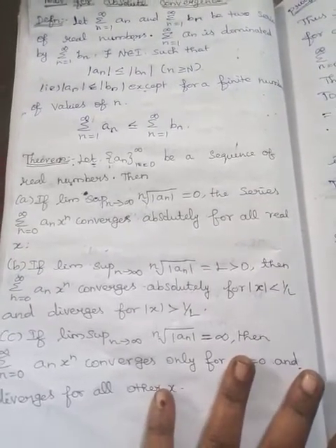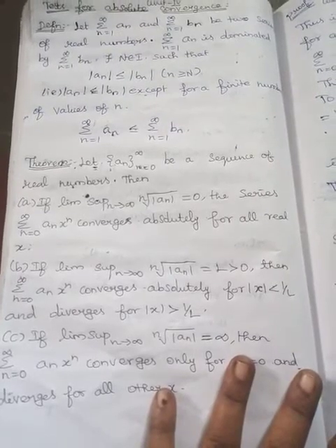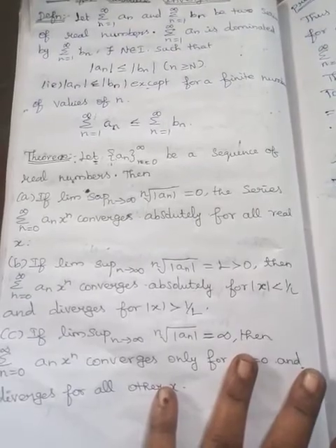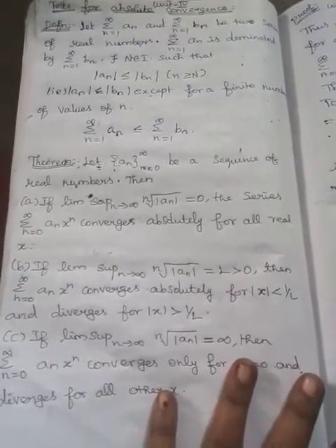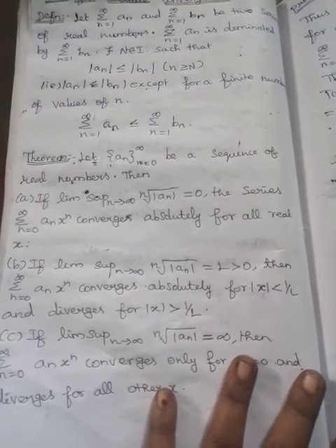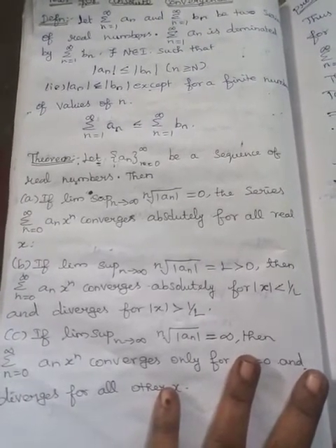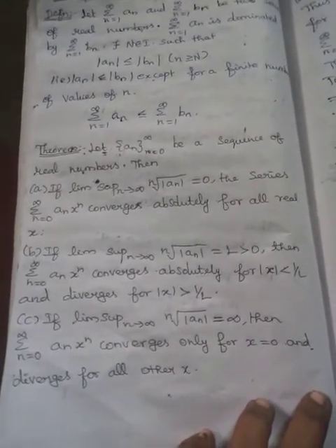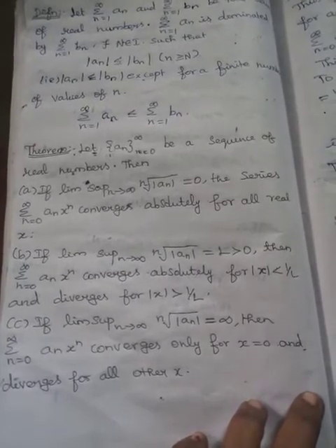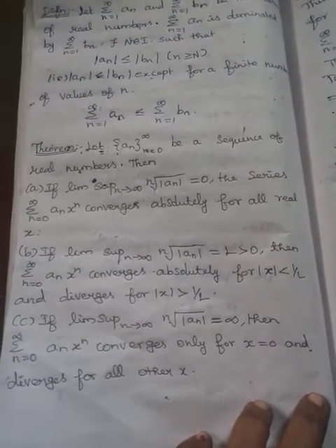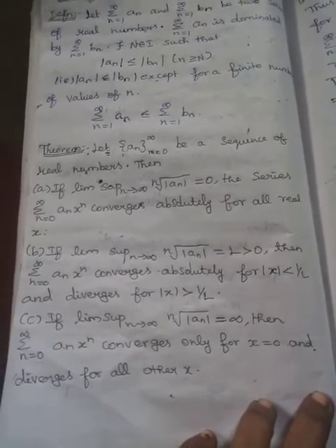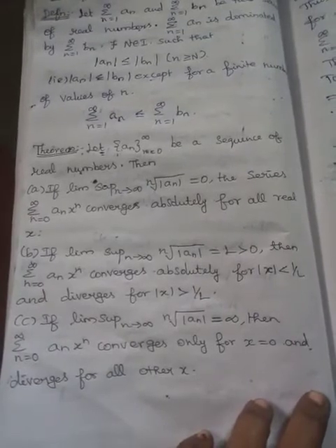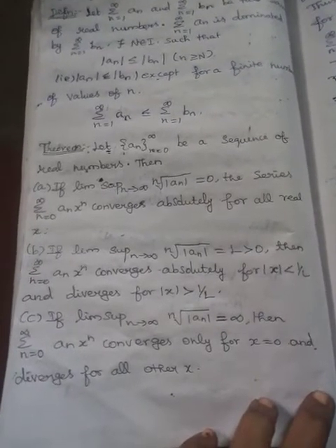Subdivision B: if limit supremum as n tends to infinity of nth root of modulus of an equals L, which is greater than 0, then summation n varies from 0 to infinity an x power n converges absolutely for modulus of x less than 1 by L and diverges for modulus of x greater than 1 by L. Subdivision C: if limit supremum as n tends to infinity of nth root of modulus of an is equal to infinity, then summation n equal to 0 to infinity an x power n converges only for x equal to 0 and diverges for all other x.